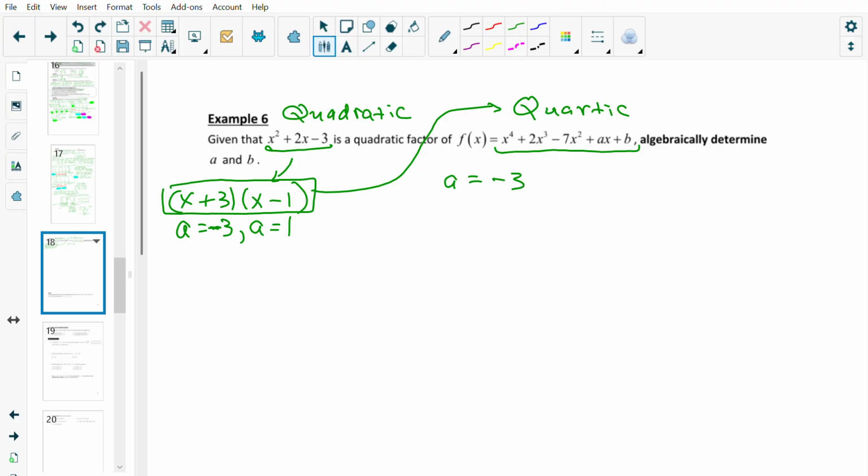Let's do some synthetic division. And notice I don't have numerical coefficients, but I have them in variable form, so I'm going to write them down accordingly in my synthetic division.